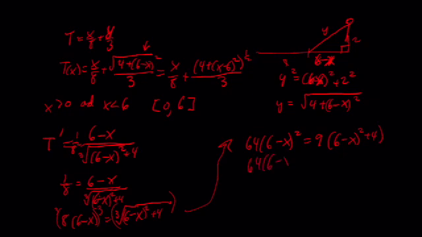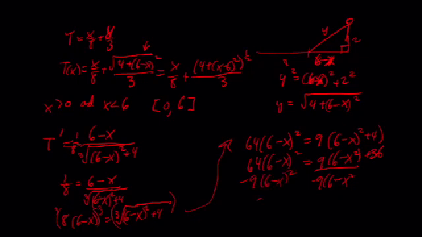So I have 64 times 6 minus x squared equals 9 times 6 minus x squared plus 36. I go ahead and subtract 9 times 6 minus x squared.